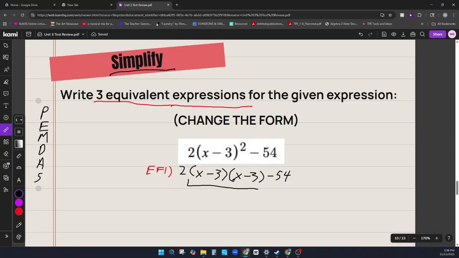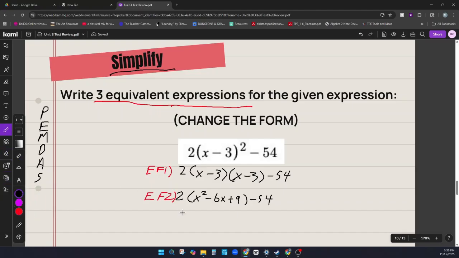That being said, I also know that I could multiply these parentheses out. So this is going to be 2x squared minus 6x plus 9 minus 54. And this is going to be my second form. I multiplied out my parentheses and I got some new results that are not looking the same, but they are the same. So this is my equivalent form number 2.